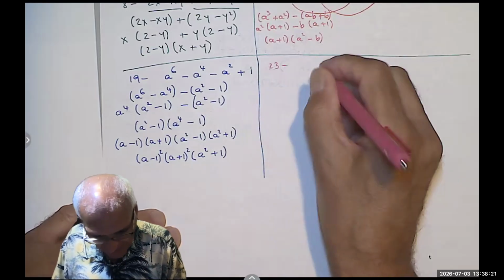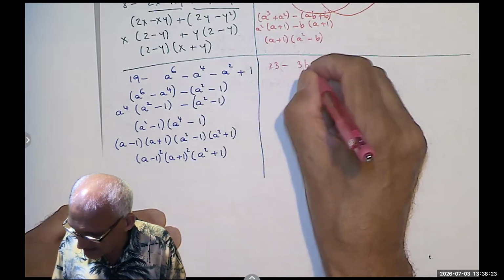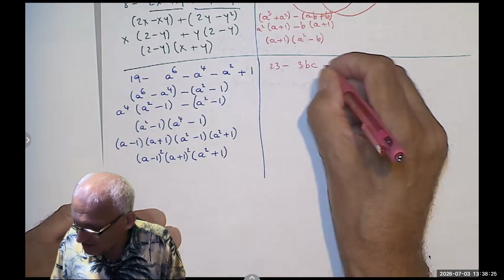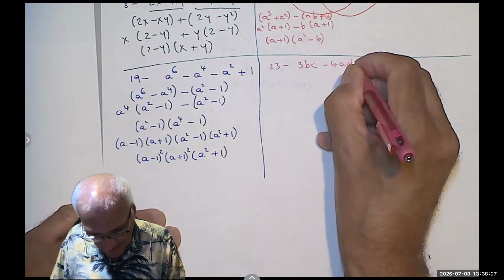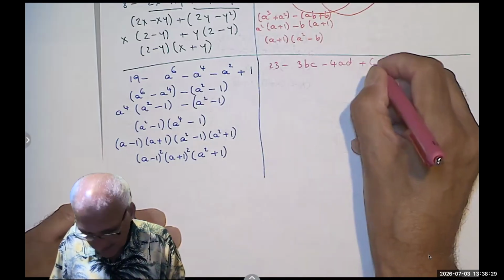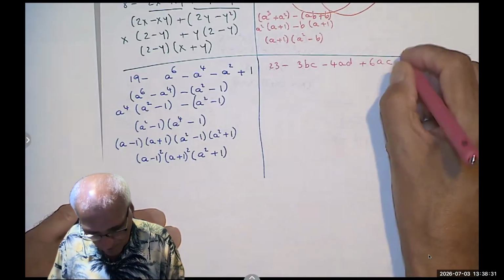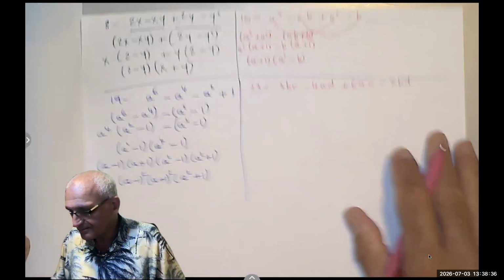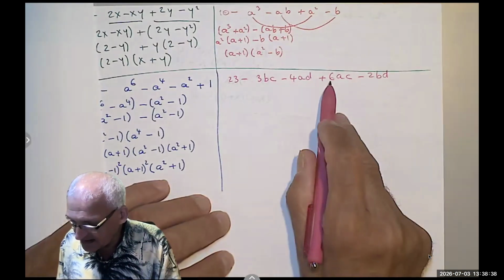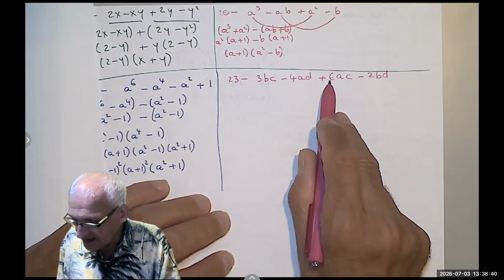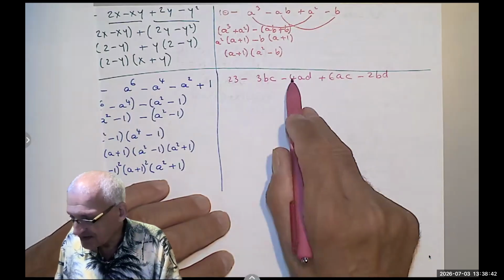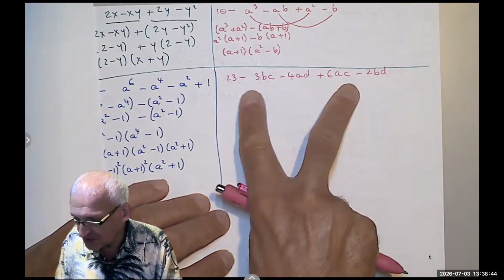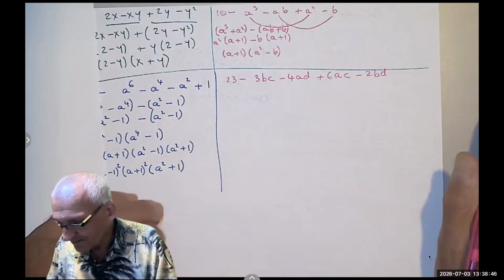They tell you to factor completely 3bc minus 4ad plus 6ac minus 2bd. I see that the 6 is the double of 3 and the 4 is the double of 2, so I can factor these two together and those two together.